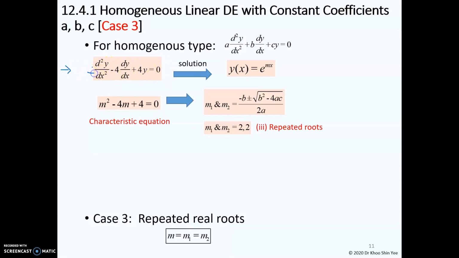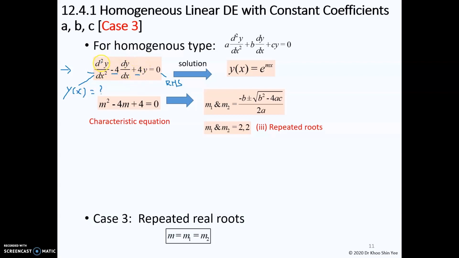So you have a equal to 1, b equal to negative 4, and c equal to 4. So this is a homogeneous ODE where the right side is equal to 0. So you want to solve this equation to obtain the dependent variable, which is y, with respect to x.